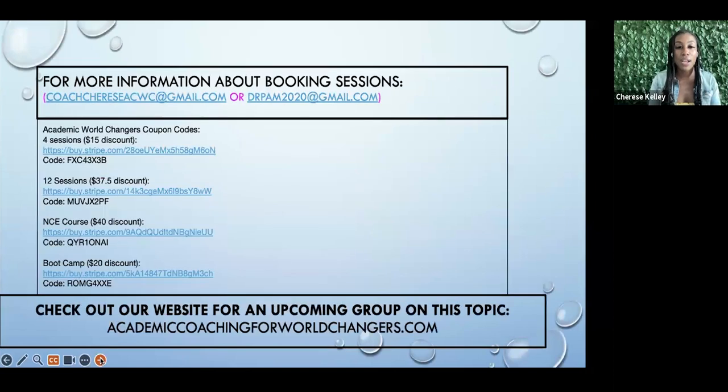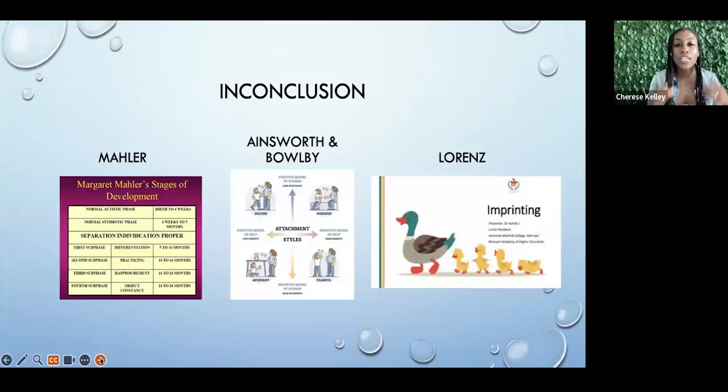Good stuff. Okay. So, in conclusion, Margaret Mahler, we have those developmental stages of our attachment. So she has the object relations, which is very much still attachment, right? Those 36 months, that symbiosis, fusion, the separation, okay? Those are our stages and our phases. Now, for the test, are they going to be super particular about them? I'm sure.